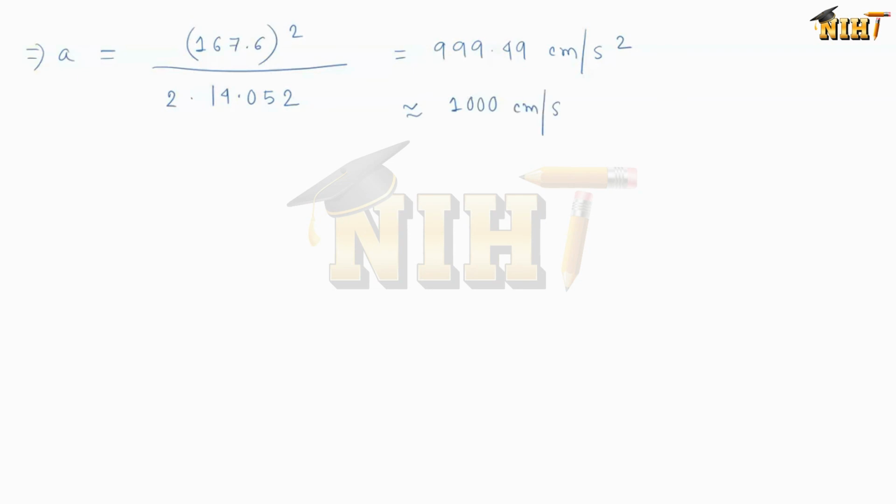By putting the value of x0, we get the final answer, that is 999.49 centimeter per second square. We can write it as approx that is 1000 centimeter per second square. So this is the final answer. This is the acceleration before leaving the track.